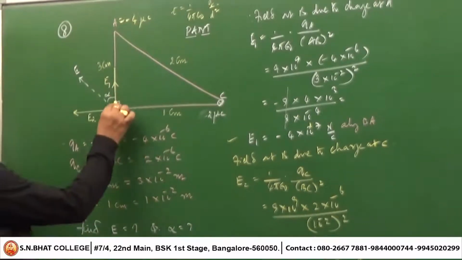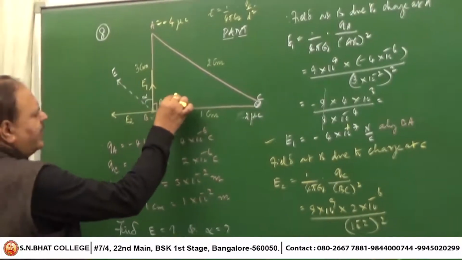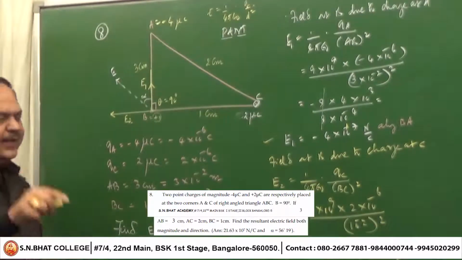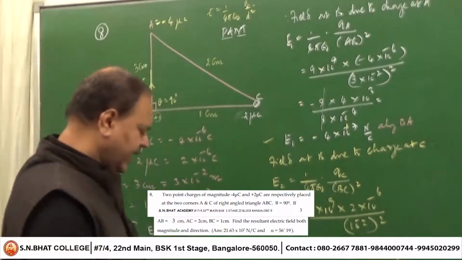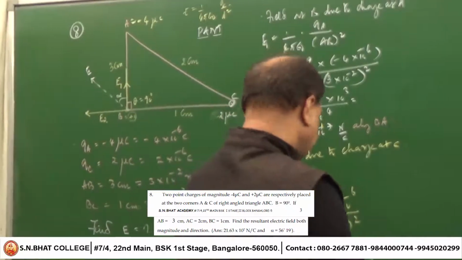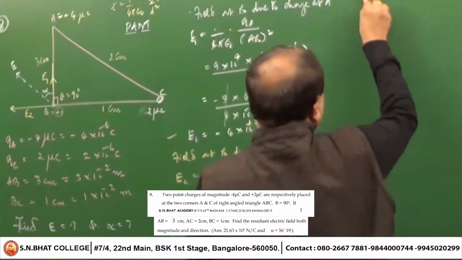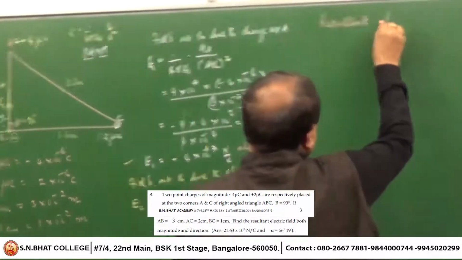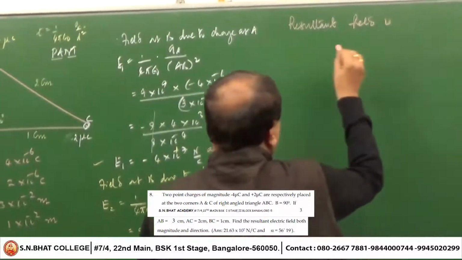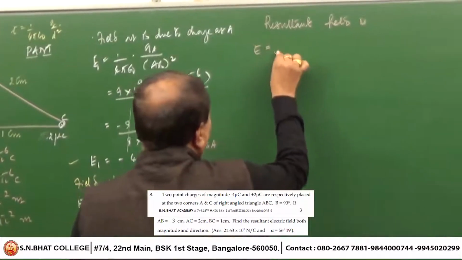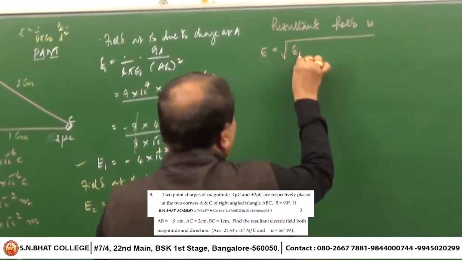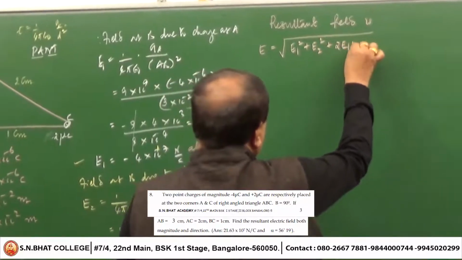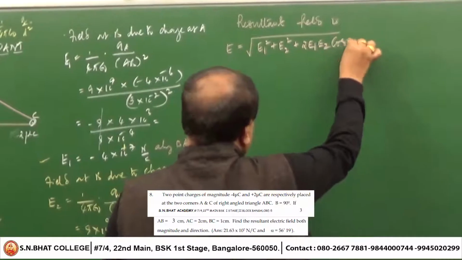Look, here this angle theta is equal to 90 degree. That you must know, when theta is equal to 90, cos 90 is equal to 0. You want to calculate the resultant electric field. You look at the first year PU syllabus where you know that the resultant field is given by the formula E is equal to square root of E1 square plus E2 square plus E1 E2 into cos theta.